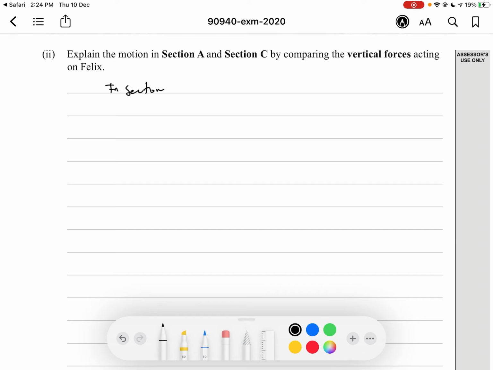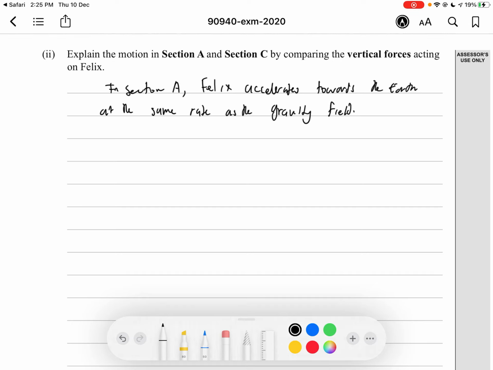So we can say in section A, Felix accelerates at the same rate.